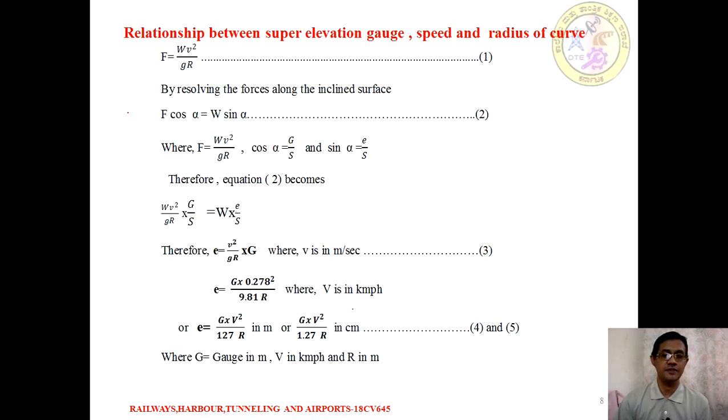This is the standard formula we use to get the value of the super elevation with respect to the speed of the vehicle and the radius of the curve.